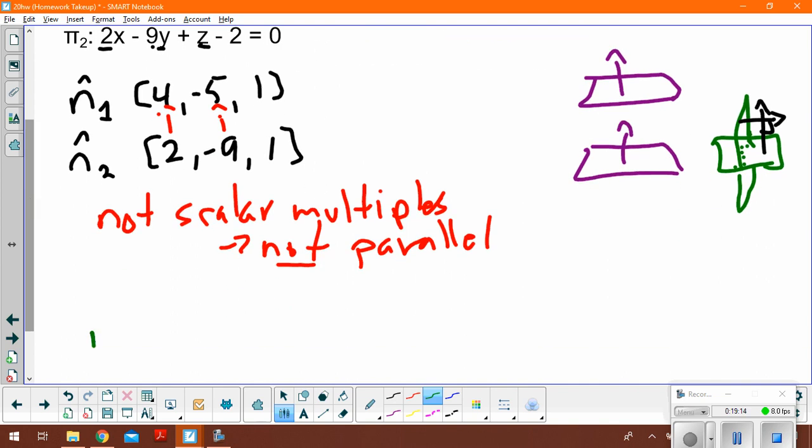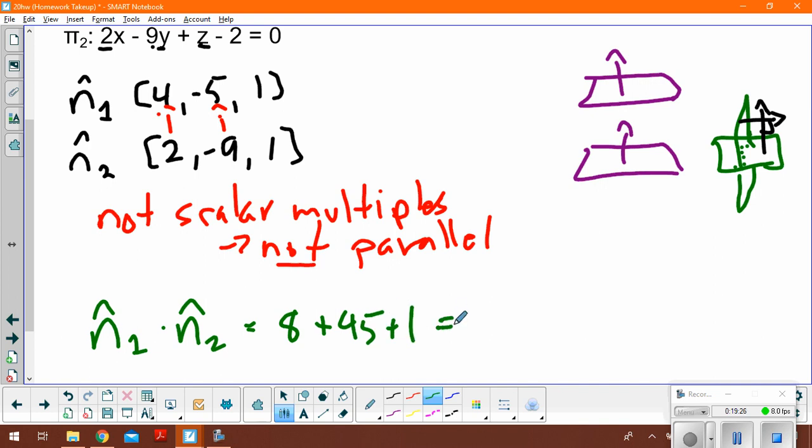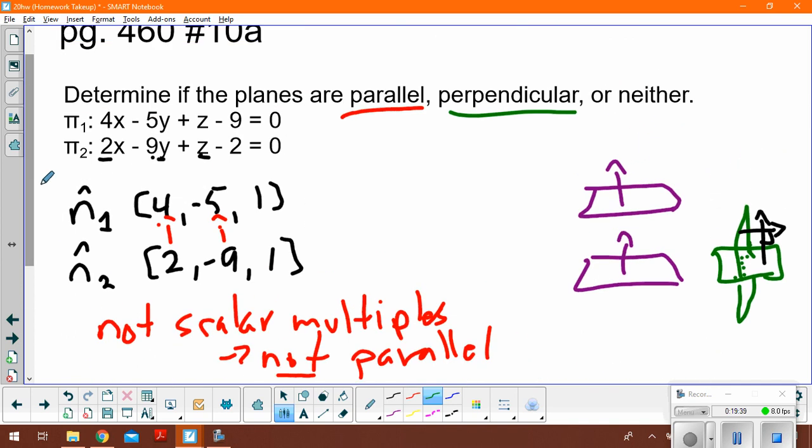So if I do n1 dot n2, I'm going to have 8 plus 45 plus 1, and it's definitely not 0. So therefore, these are not perpendicular. So not parallel, not perpendicular. So the answer to this question is they are neither.